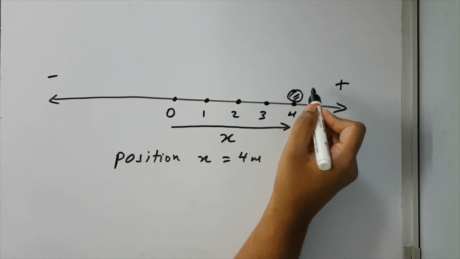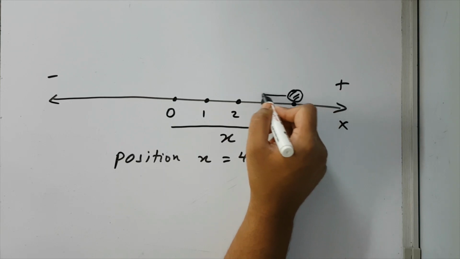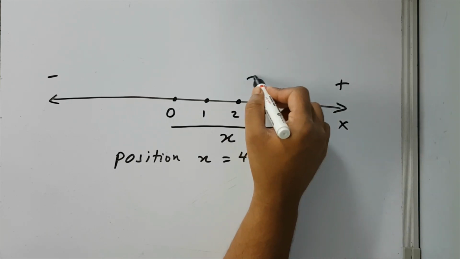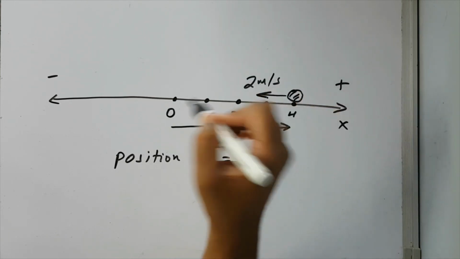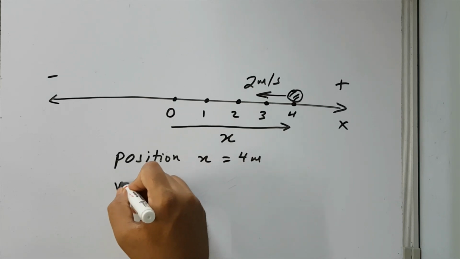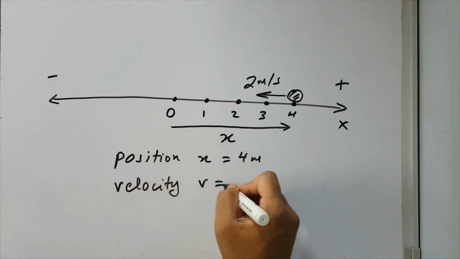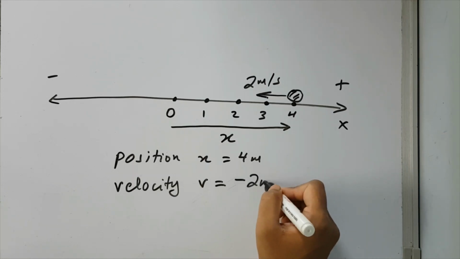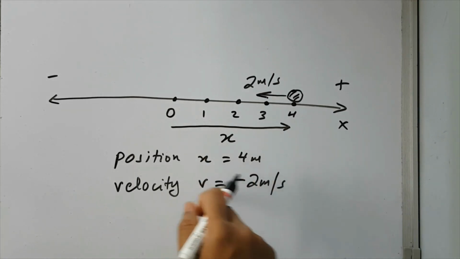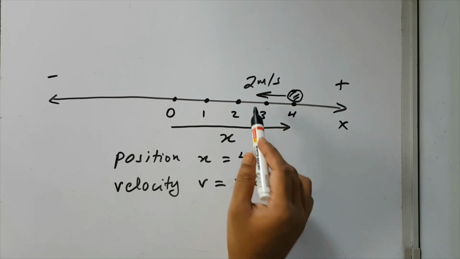And let's say this particle is moving in this direction with a speed of 2 meter per second, then its velocity v would be minus 2 meter per second.